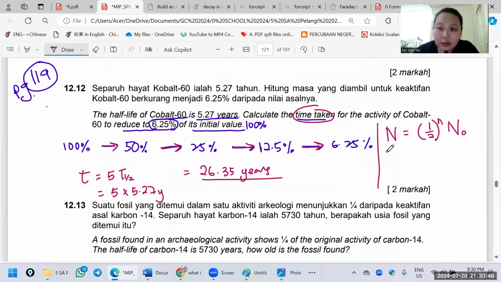So 6.25% left, reduced to, means still left this, and half. Original is 100%. N is from here to here, 1, 2, 3, 4 half. So if you don't want to draw this, you make it as n, then you move it as 6.25 divided by 100 equals half to the power n.